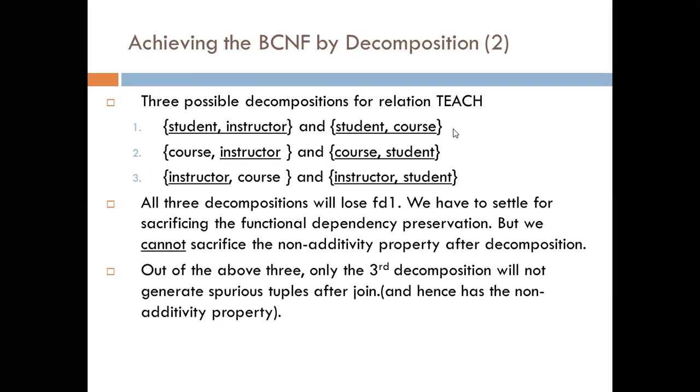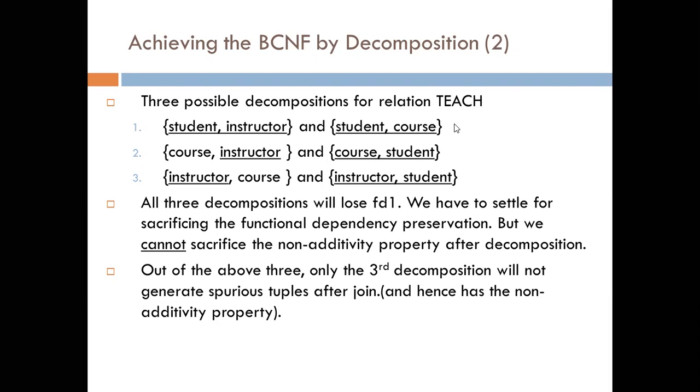All three decompositions which we have done will lose functional dependency 1, but we have to settle for sacrificing that functional dependency preservation, because we cannot sacrifice the non-additive property after decomposition. Out of the above three, only the third decomposition will not generate spurious tuples after a join.